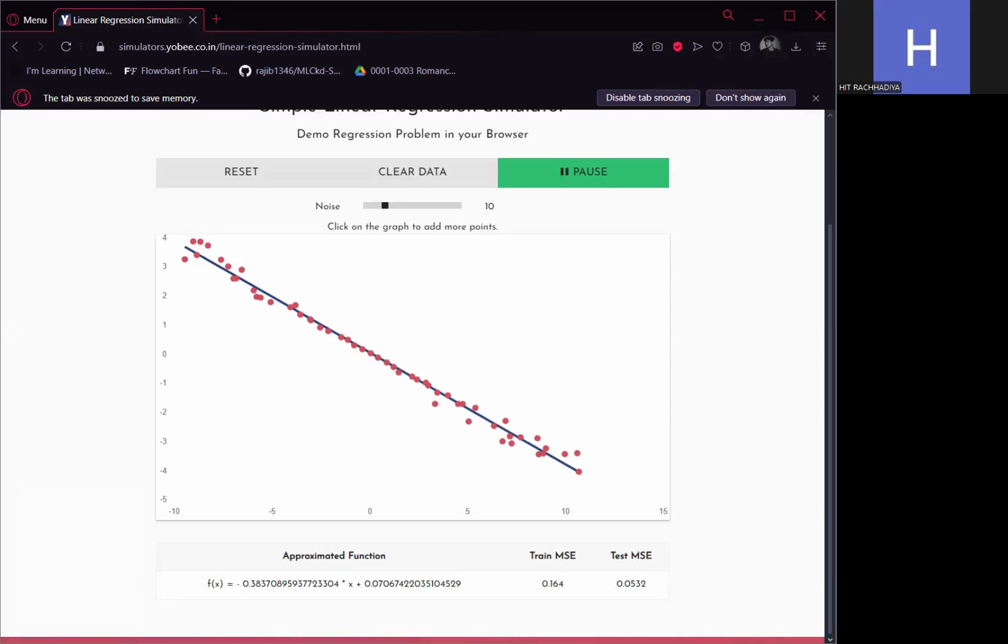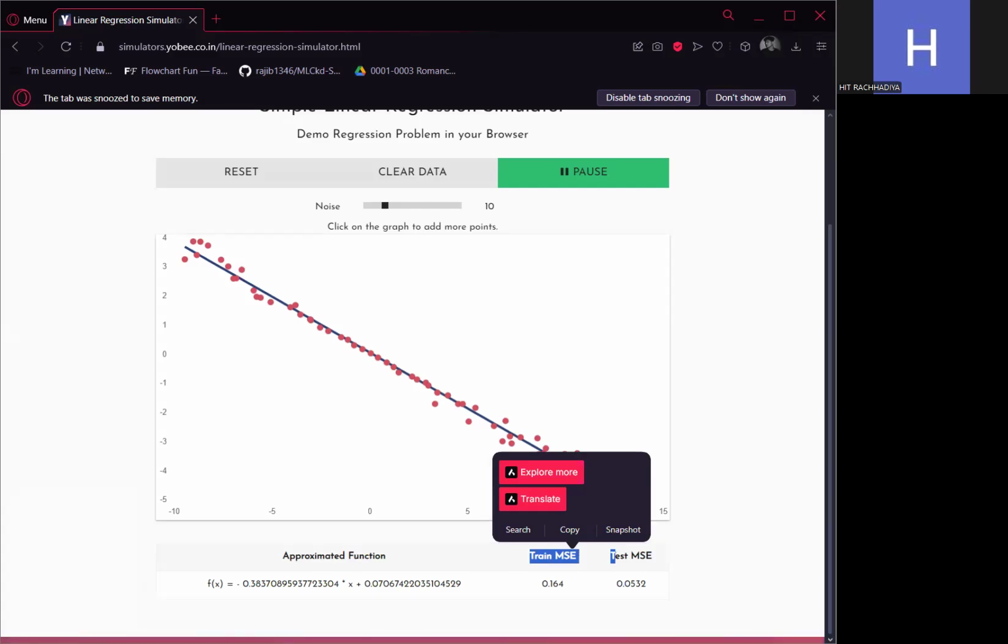MSE stands for mean squared error, and it measures the average squared difference between the predicted value and the actual value. And here the train MSE and test MSE are given.